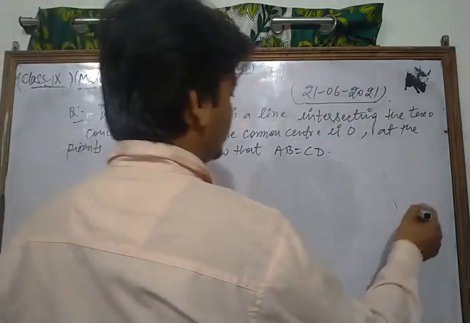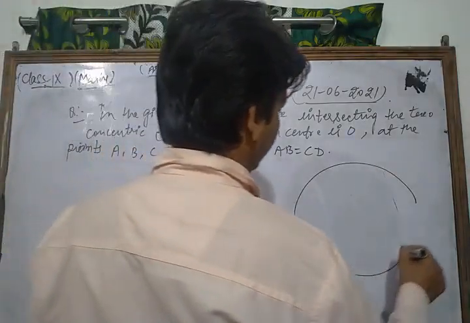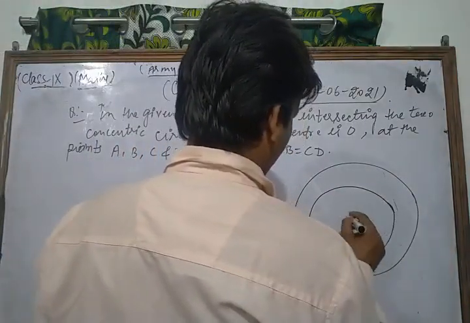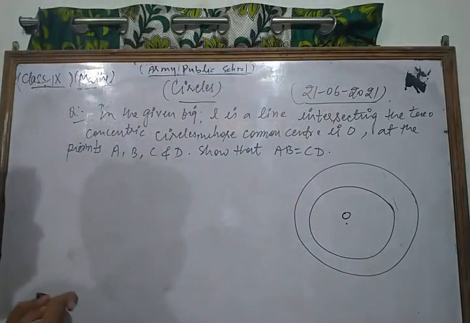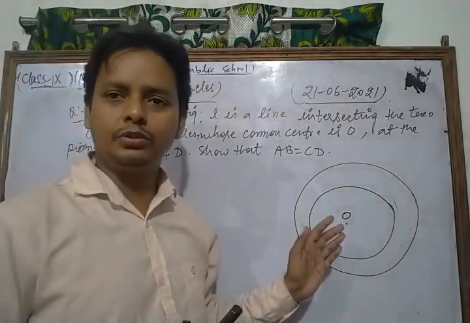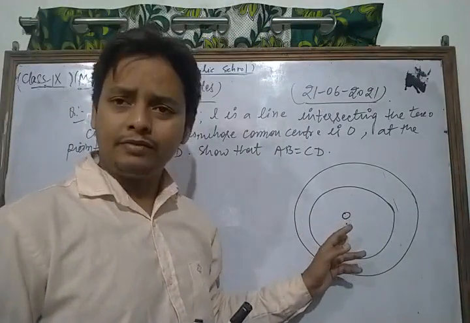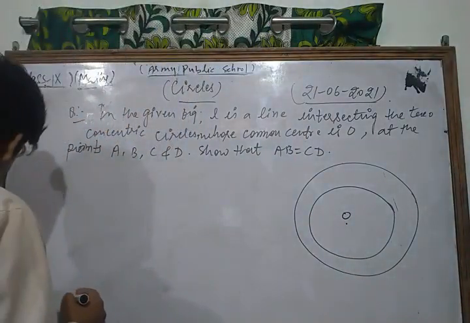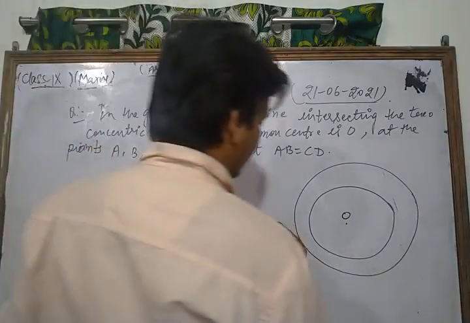First of all, we draw the diagram. These are two concentric circles of the same center. There are two circles, C1 and C2 suppose, which have the same center O, which makes them concentric circles. This is your figure.